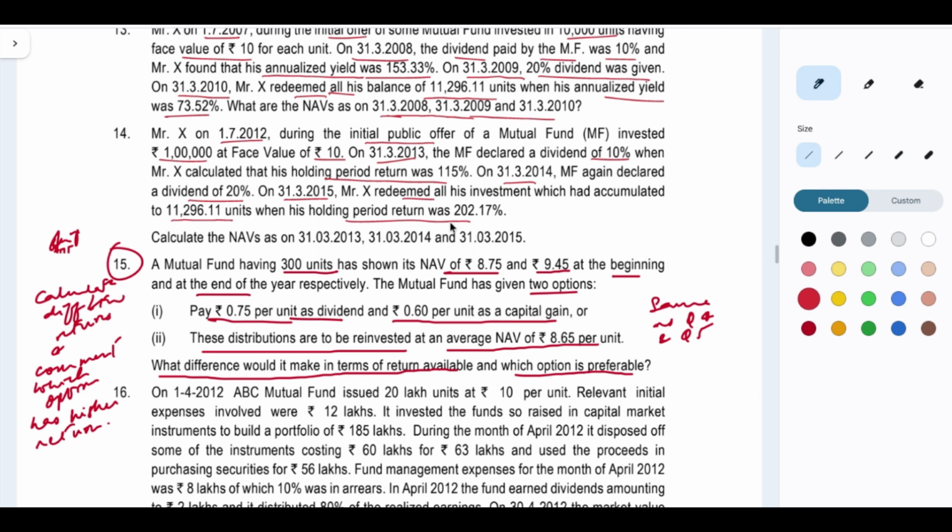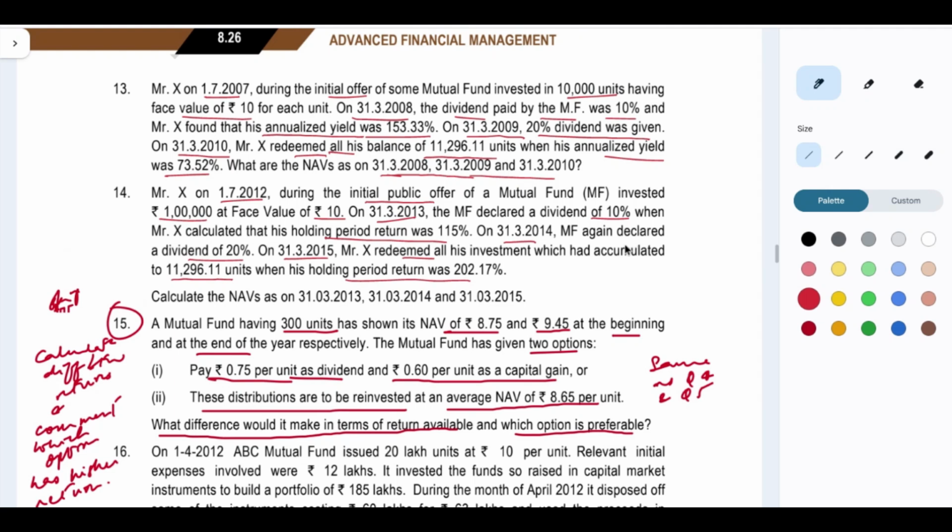Okay. So if you see, this is exactly same like question number 13. The only difference is that instead of annualized yield, holding period return is given. So we will skip this problem.